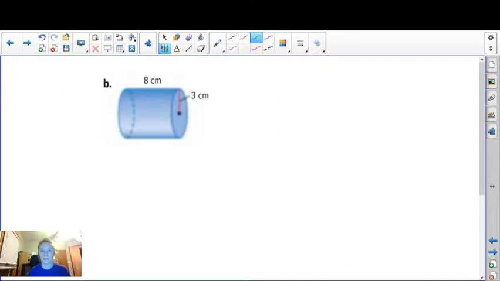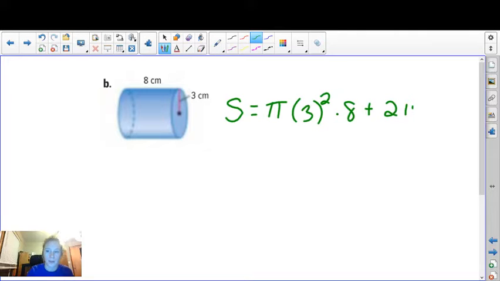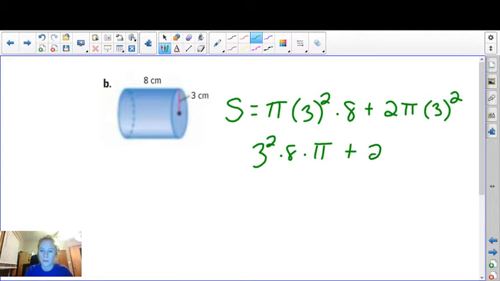And then I have a cylinder, and he was my volume guy. So that was pi times radius squared times h plus 2 times pi r squared. Remember last lesson when I said that we want to keep things by moving things around? We're going to do that. So I'm going to do 3 squared times 8 times pi plus 2 times 3 squared times pi.